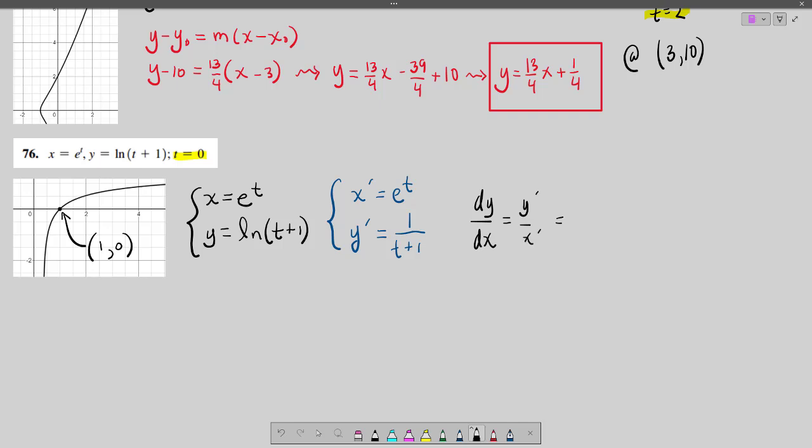So y prime is in the numerator. We're going to divide by e to the t, and if you want to, you can think of it as e to the t over 1. Flip it, and our derivative will be that. That is our derivative function.